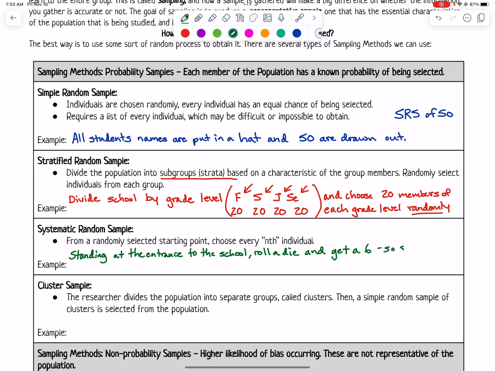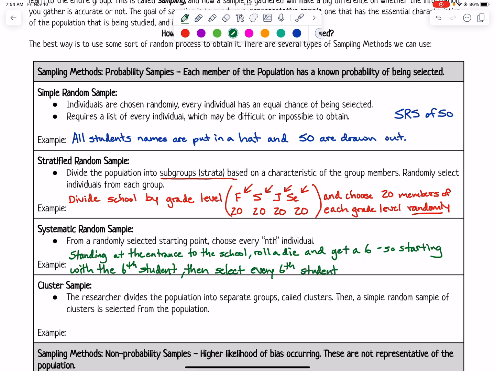So starting with the 6th student that comes into school, then we select every 6th student after that. That would gather us a systematic random sample.